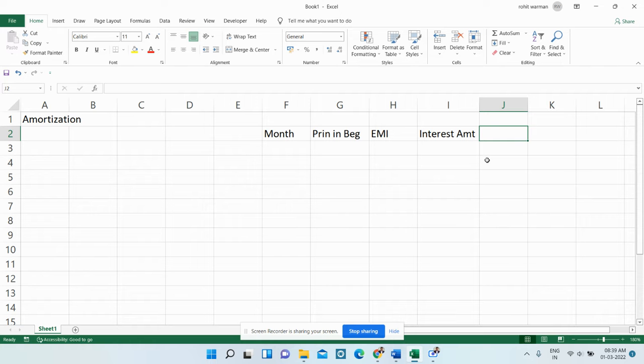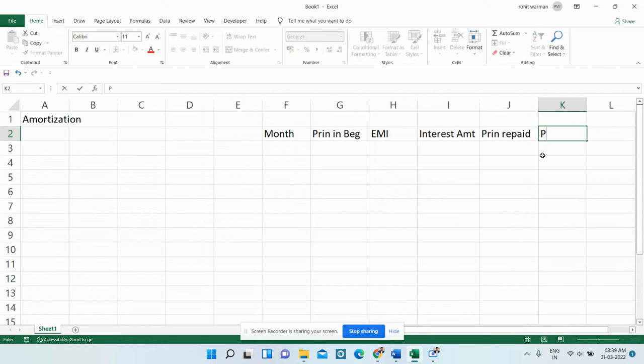So we have the interest amount, plus the principal amount, or principal repaid. So this EMI we bifurcated, we divided into interest and principal. And lastly, we have principal at the end of the month, meaning the end of the first month.